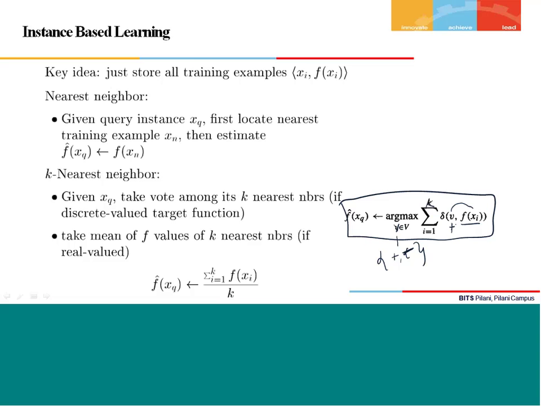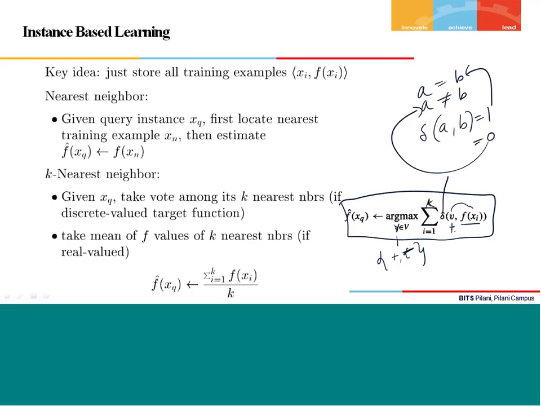I will check first for positive. So this is a delta function. Delta function means that delta(a, b) equals 1 only when a equals b, and if a is not equal to b, then it equals 0. So this is the case when a equals b, and this is the case when a is not equal to b.